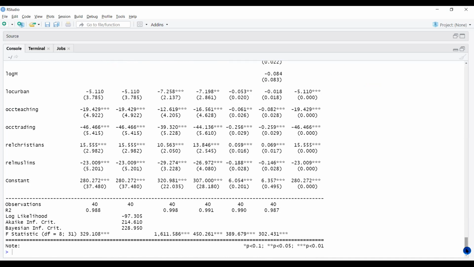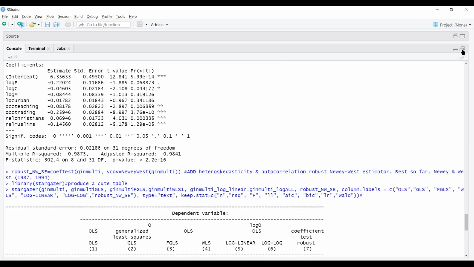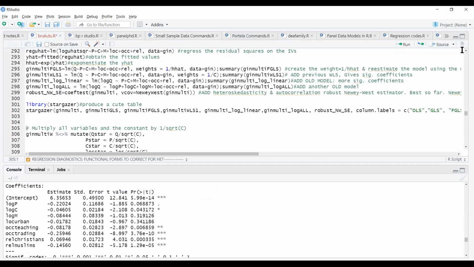Now, the feasible GLS, when you get to the panel data regression, its brother, its sister, is what is known as a random effect model when we come there. So we'll be discussing those at a later time. But the beauty of this is this feasible GLS and the weighted least squares.